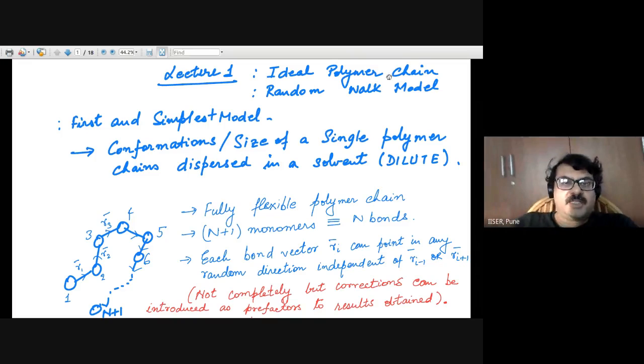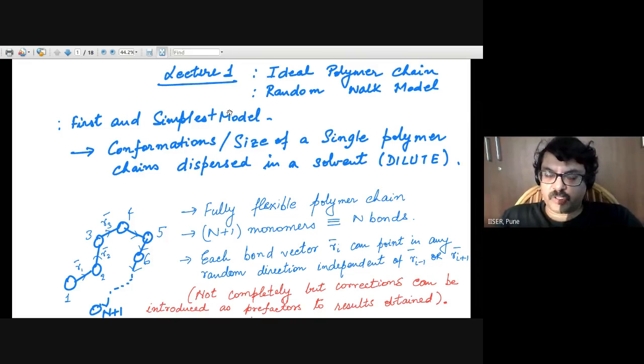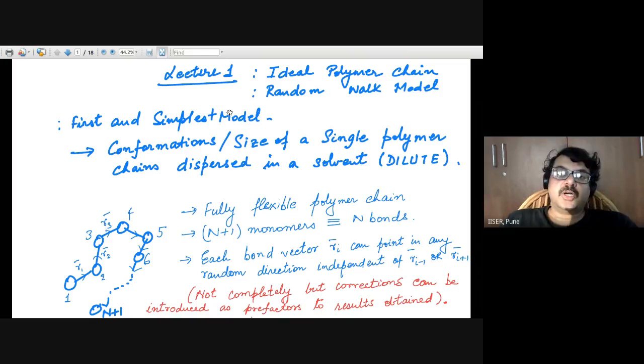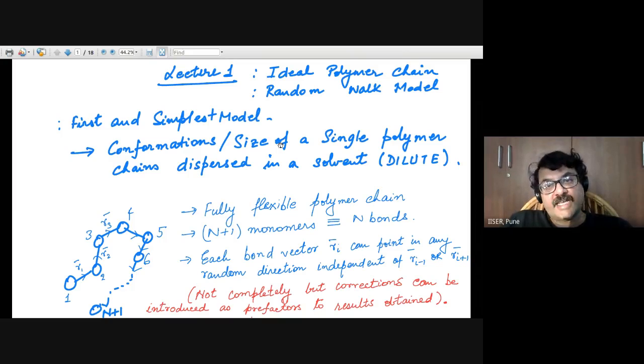As I said, this is the first and simplest model. It is also, in the continuum limit, called the Gaussian chain model. So what is the basic input to the model? It discusses the possible conformations and an estimate of the size of a single polymer chain.